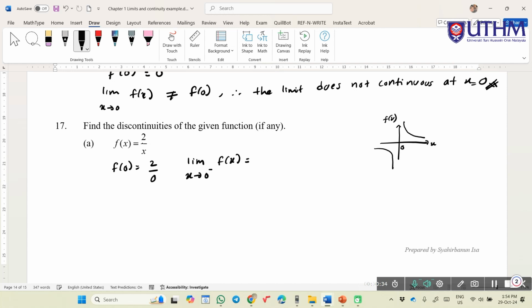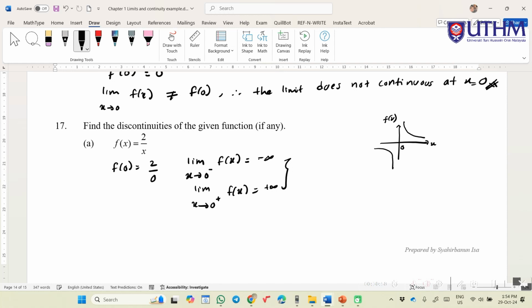When x approaches 0 from the left hand side, it is negative infinity. Same as if we look at the limit as x approaches 0 from the right hand side, it's positive infinity. Since the left approaches negative infinity and the right approaches positive infinity, the limit as x approaches 0 of f(x) does not exist.